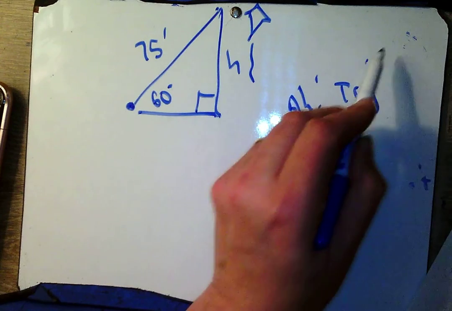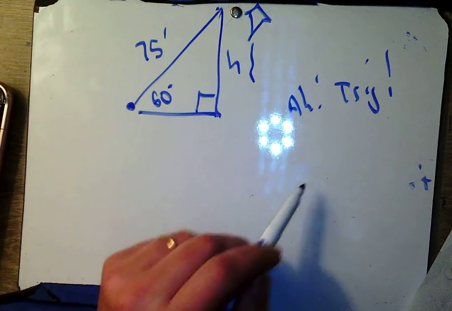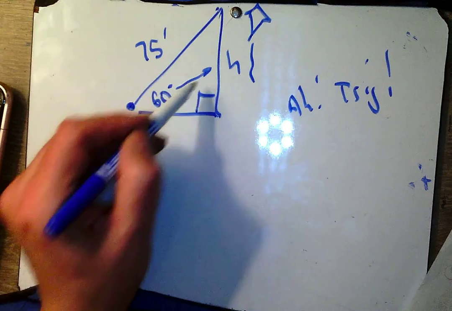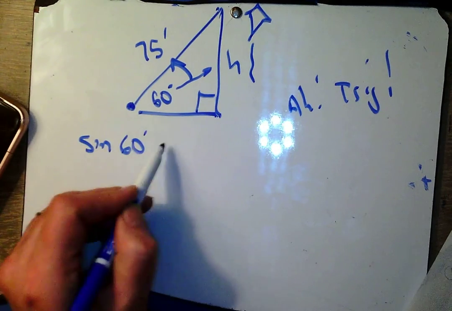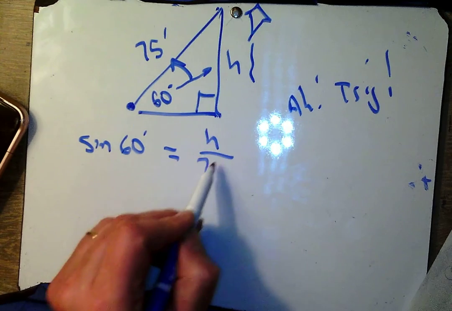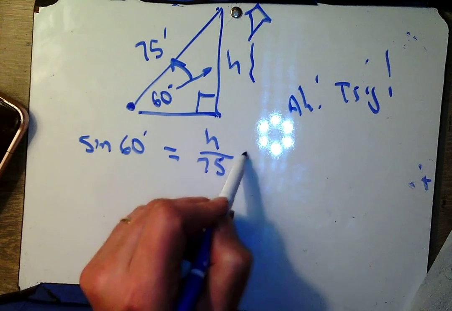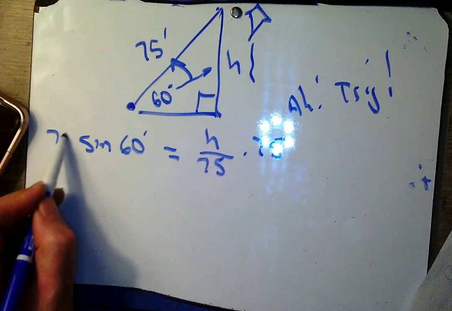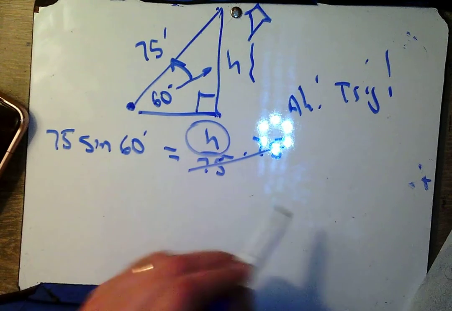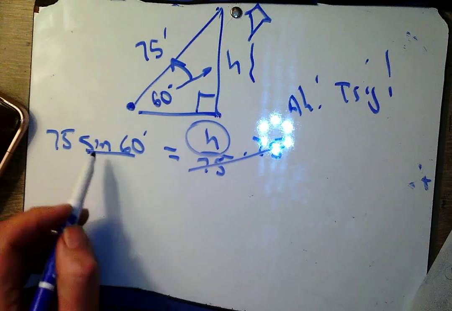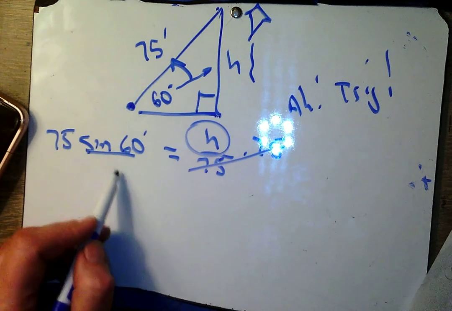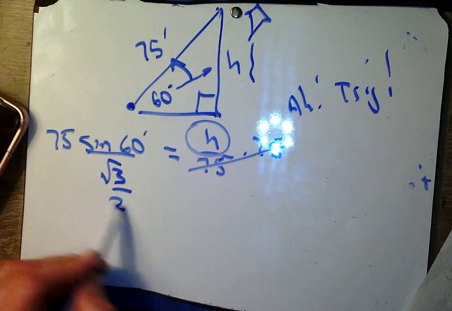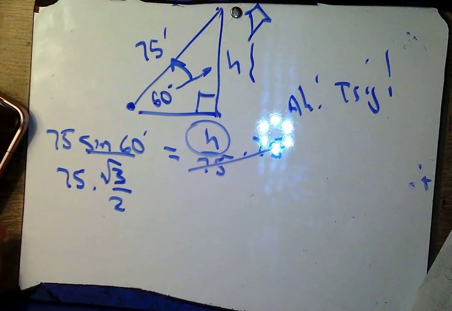It's time to use trig. Which trig function would you use? Opposite and hypotenuse. Nice. Sine of 60 equals h over 75. And so if I multiply both sides by 75, I can find the height. Sine of 60 is like saying the sine of pi over 3, which is root 3 over 2 times 75.